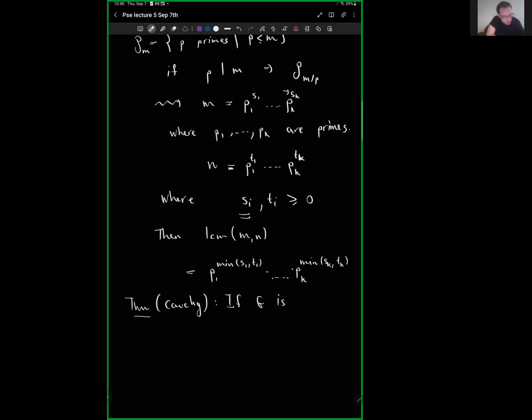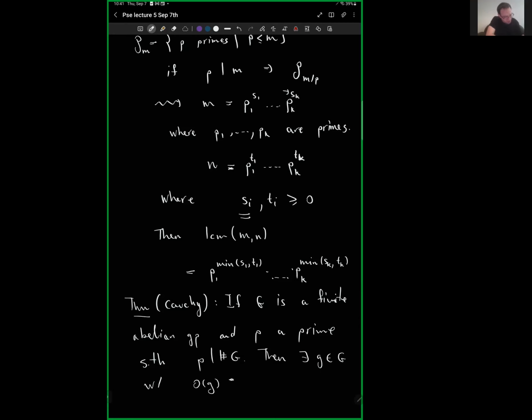If G is a finite abelian group, and P a prime such that P divides the order of the group G, then there exists g in G with order exactly P. And I remind you, order exactly P means that g to the power of P is equal to e.